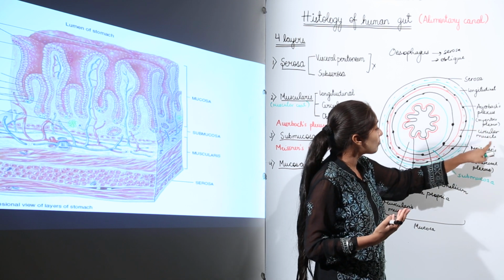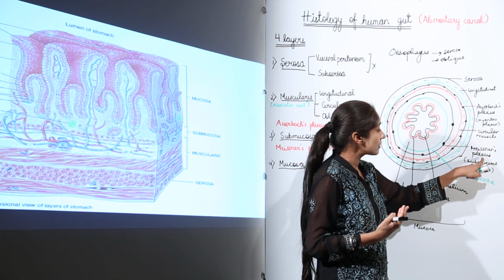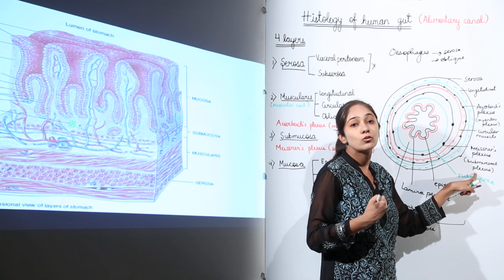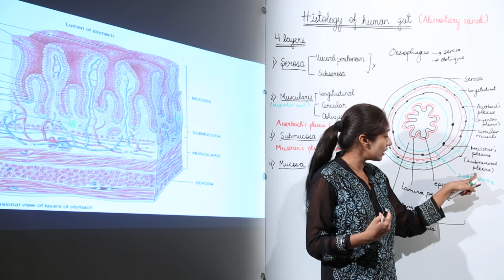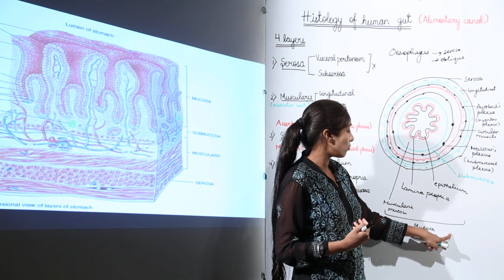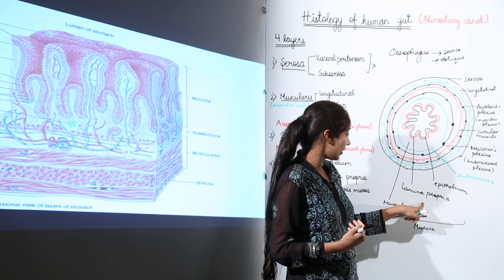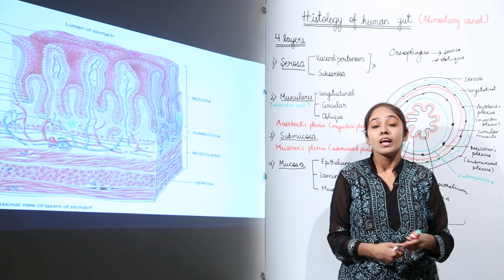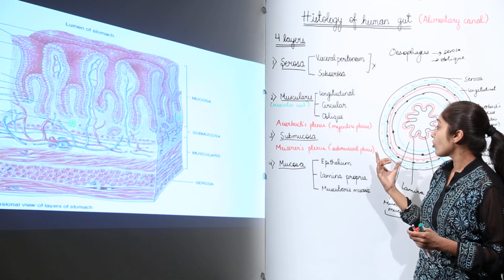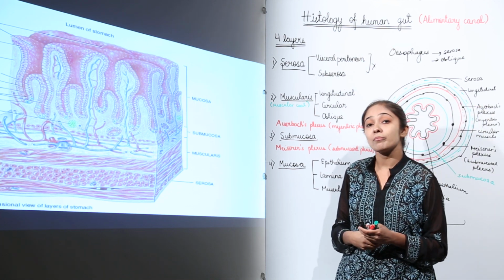Then we have the circular muscle layer, then we have the Meissner's plexus, which can also be called submucosal plexus, which helps in what? Regulating the secretion of intestinal juices. Then we have the submucosa, and we have the mucosa, which is composed of epithelium, lamina propria, and the muscularis mucosa. Now, I hope you can draw the TS of this human gut, because I have drawn it in a very simple way for your better understanding.